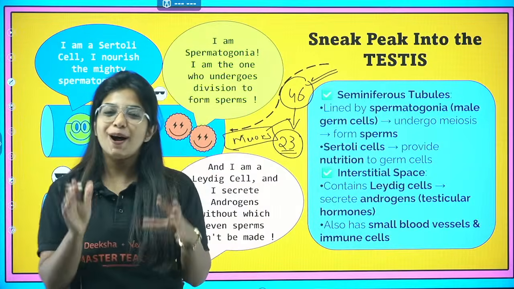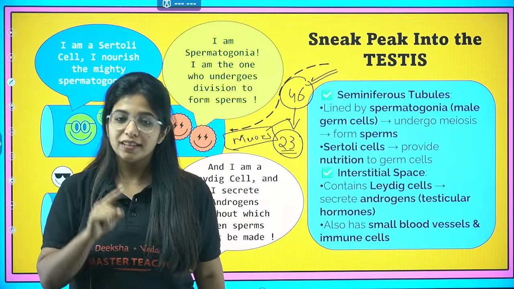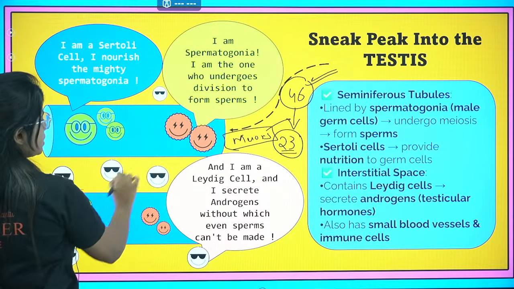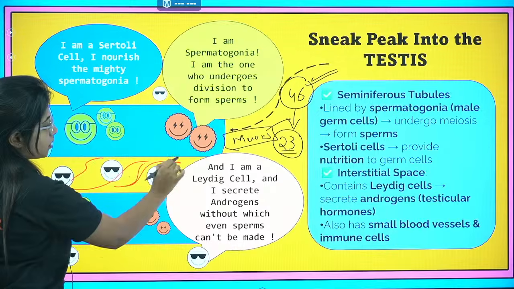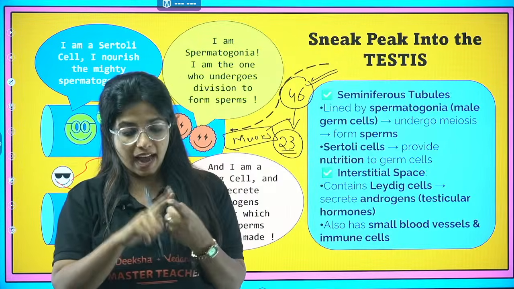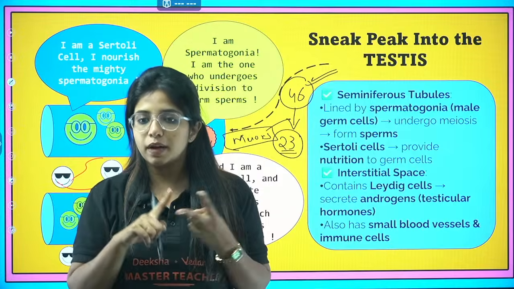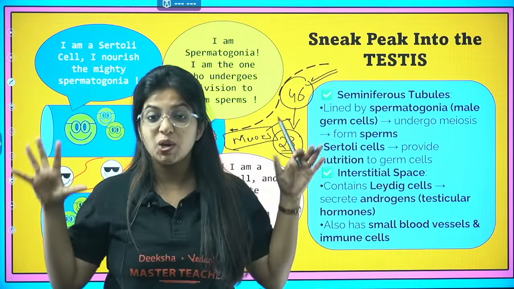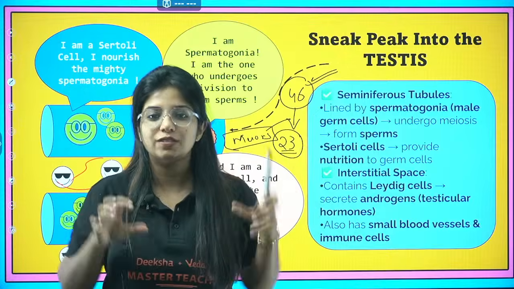Done. Apart from that, there is also one more very important thing that you should not be missing. This space which is there will also be having blood vessels. So the interstitial space has Leydig cells, it has blood vessels, and it also has immunological cells, as in the cells which are going to trap any pathogens out there and kill them.